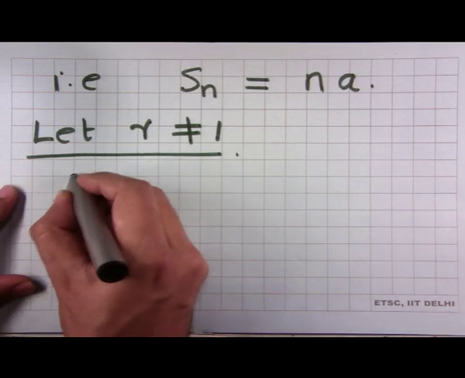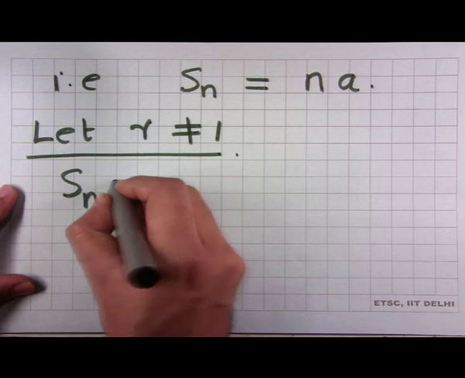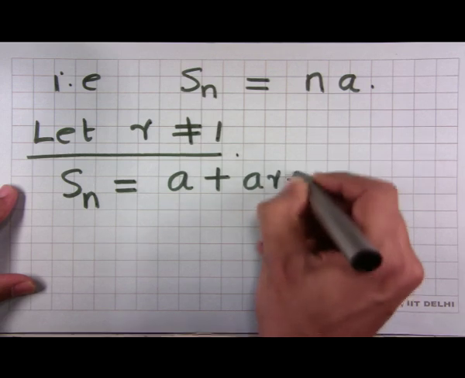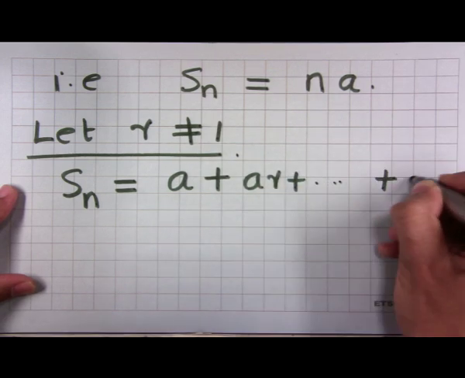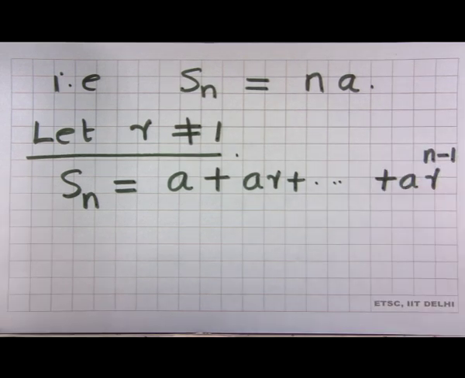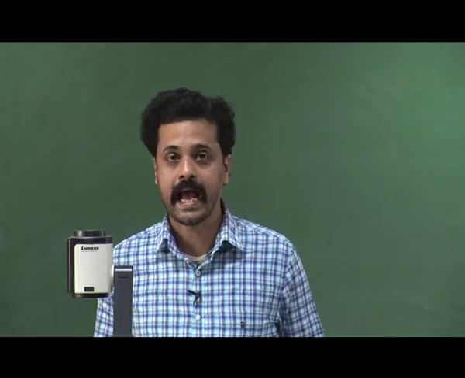What we want is a formula for Sn equal to a plus ar plus etc. up to a r power n minus 1. We shall use a simple trick as follows.